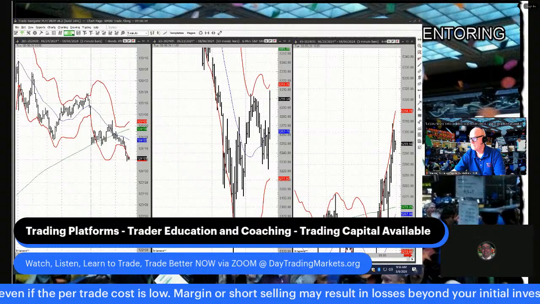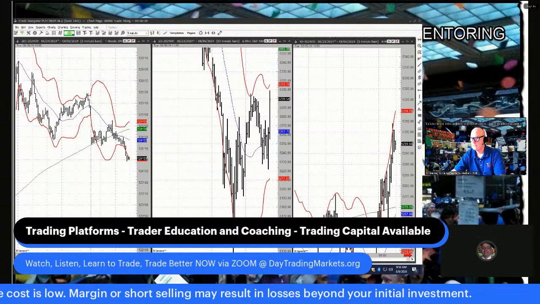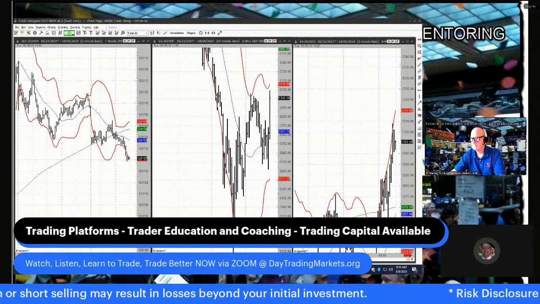A little support right now would be around the 75 area.